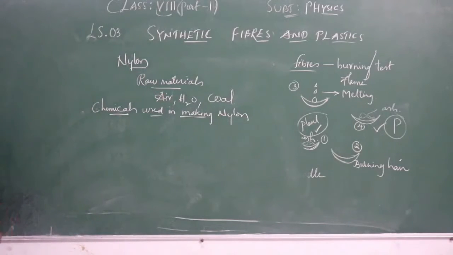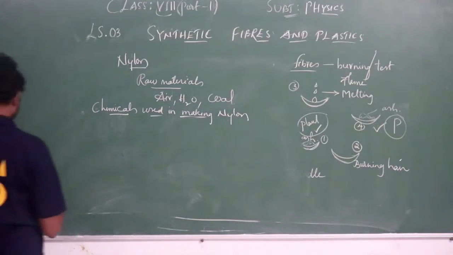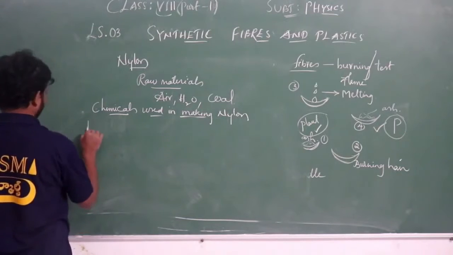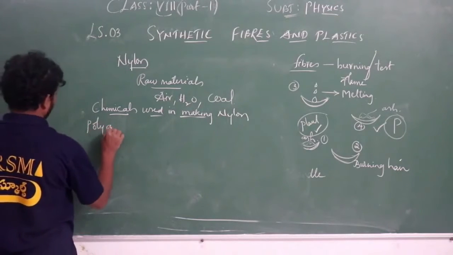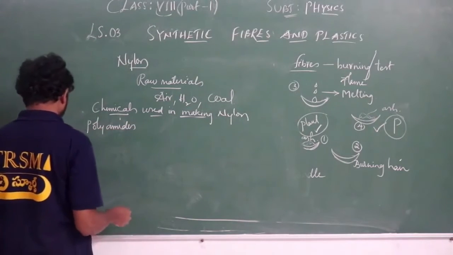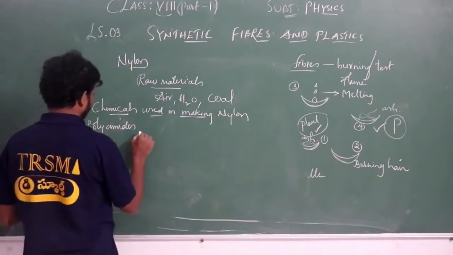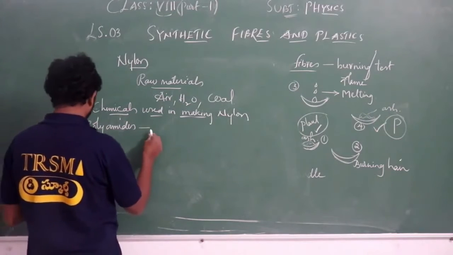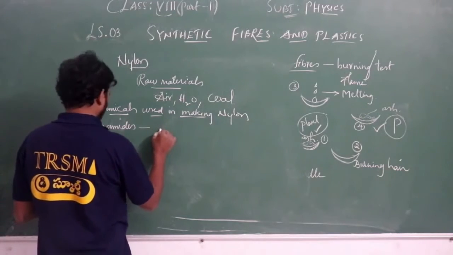Polyamides. Nylon is a polymer made of chemical units called polyamides. These polyamides are made with monomers.